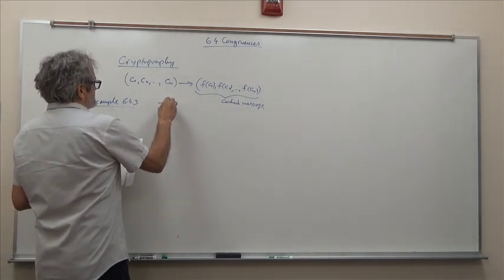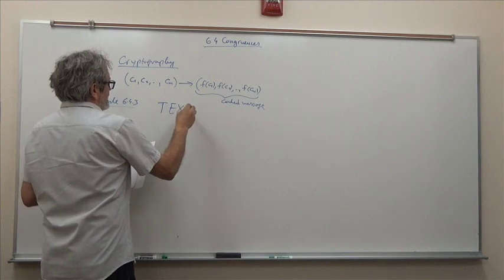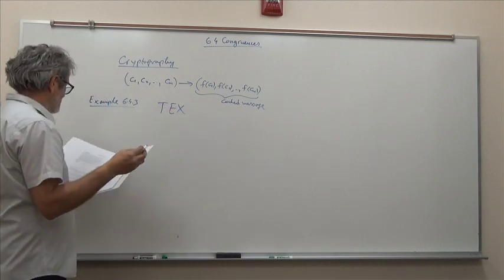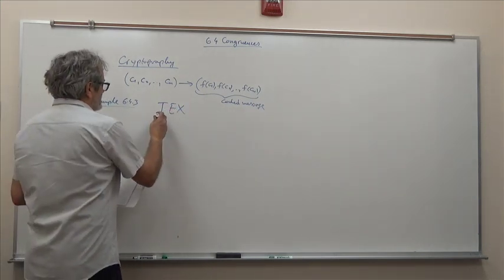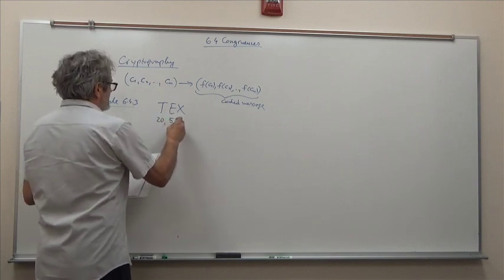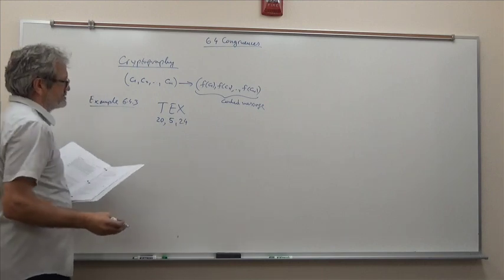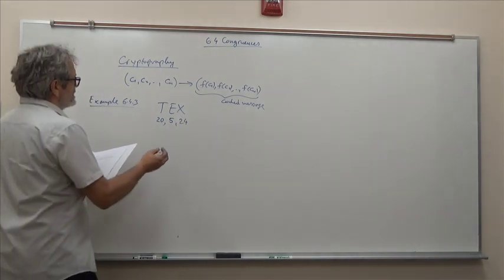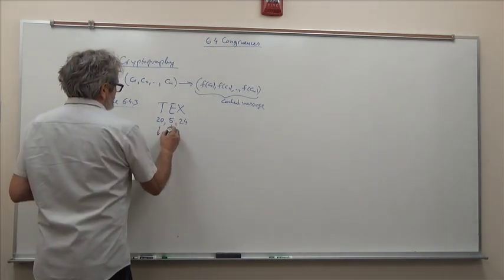So there was this word, and T, according to the order of the letters in the alphabet, is 20, E is 5th in the order, and X is 24. Simple coding would be to add 5 to each of them.